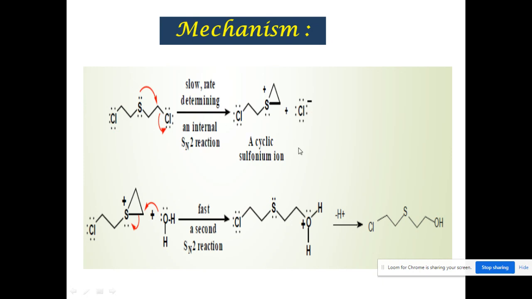This step is very slow, and this is the rate determining internal SN2 reaction. In the next step, the lone pair of the water molecule attacks this center of the cyclic intermediate and breaks the bond to form this product. After the departure of hydrogen, this product is formed.